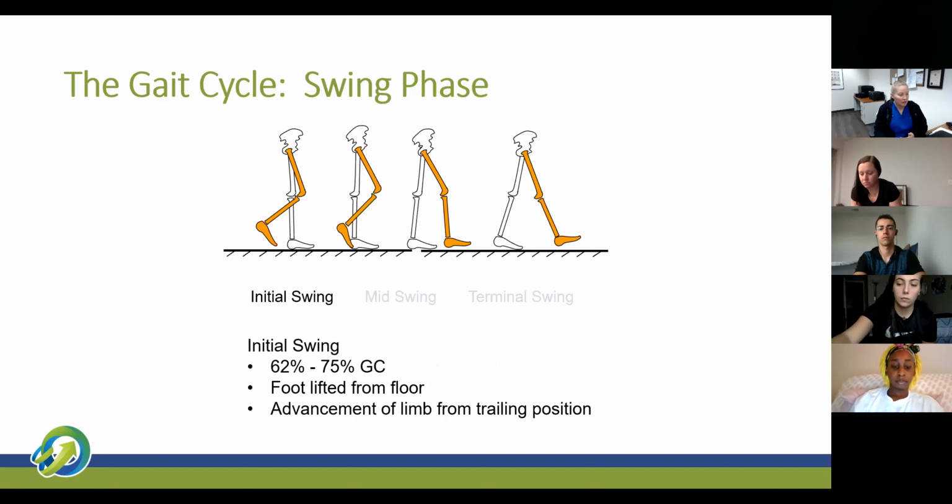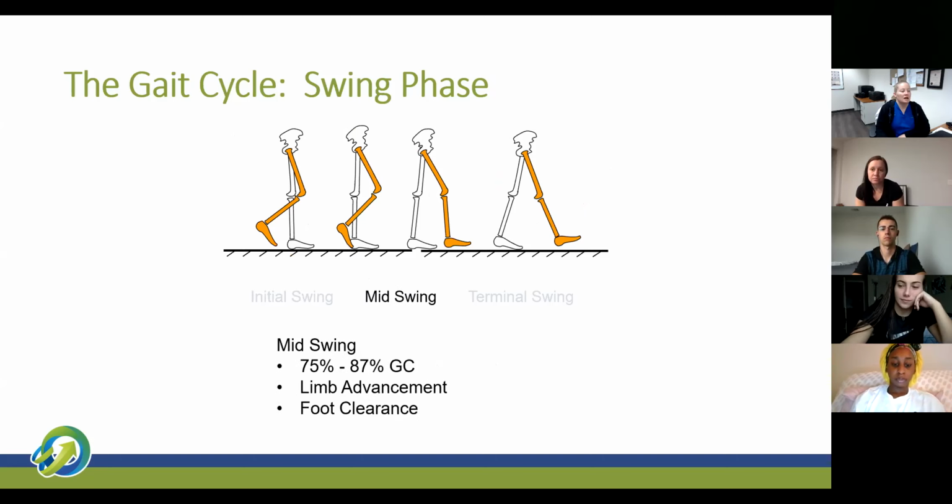So I think we can go through swing phase, even though it's the lesser phase, it's only 40%. In initial swing, the foot rises up off the ground, the tibia is inclined very much anteriorly, and it's bringing the foot from behind the stance phase limb forward until the foot crosses in front of that vertical tibia that we see in mid-swing.